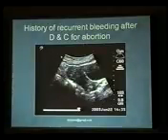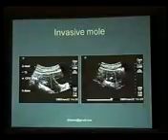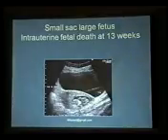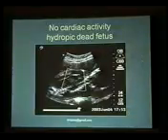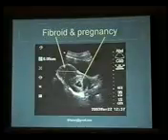History of recurrent bleeding after D&C for abortion, and on Doppler you can see the aggressive molar tissue there. Small sac and large fetus. Small fetus, but the placental tissue is large and thickened and there is blood flow on Doppler. Dead embryo, no cardiac activity, hydropic type of fetus.